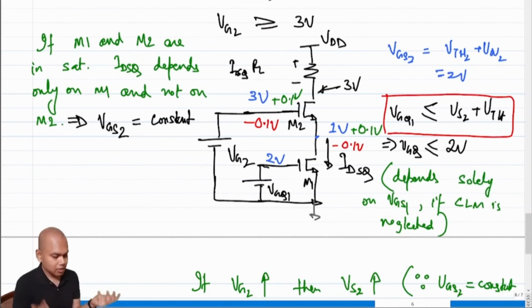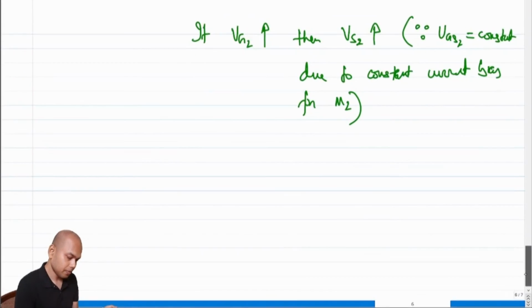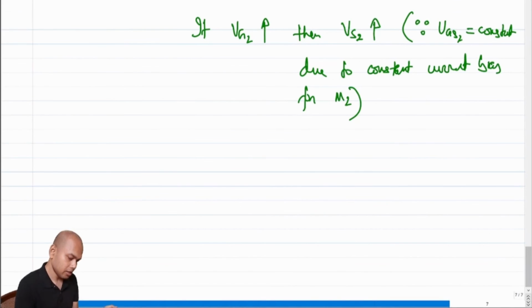Since this is not a viable condition, we need to ensure that we don't bias it right at the edge. For proper health of the transistor M1, we have to ensure that the gate voltage of M2 is higher than 3 volts.